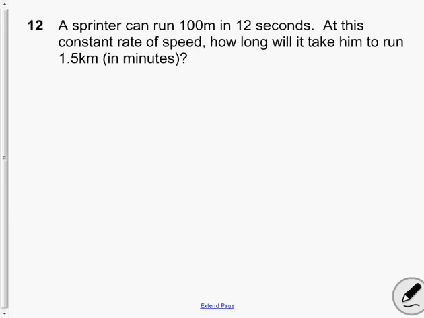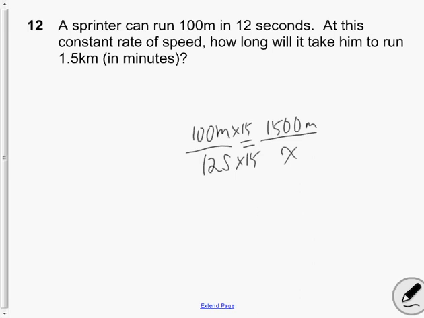Question 12. A sprinter can run 100 meters in 12 seconds. At this constant rate of speed, if he was not slowing down at all, but able to maintain a constant rate of speed, how long would it take him to run 1.5 kilometers in minutes? So, 100 meters in 12 seconds, we'll go 1.5 kilometers, which is 1,500 meters, and I don't know how long. Here we know we multiplied it by 15.